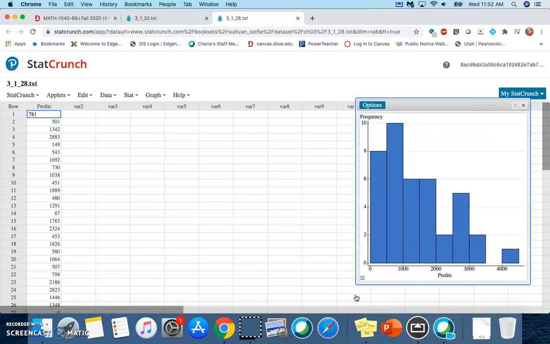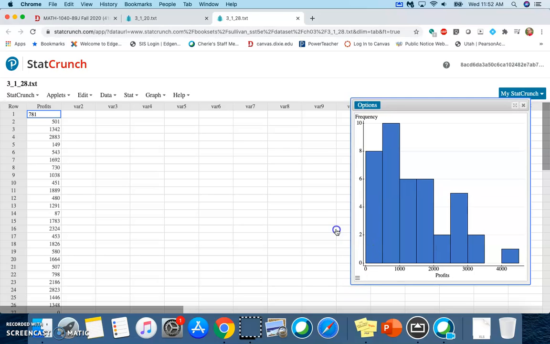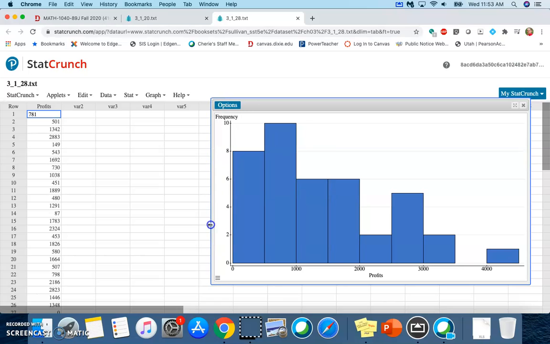I'm going to compute, and first just see what StatCrunch gives me, to see if I need to adjust any of the classes. But I like those class ranges. We're going by 500s. It gives me a good idea of the shape. So it looks like the shape here is going to be skewed to the right.